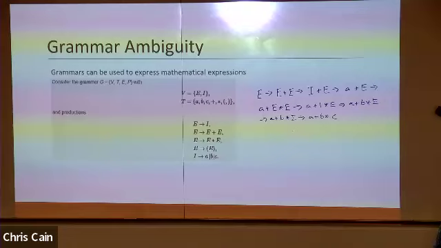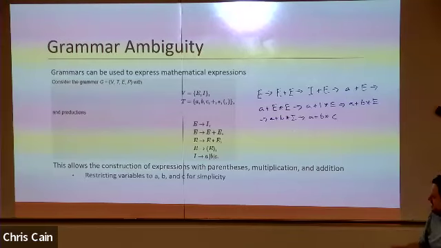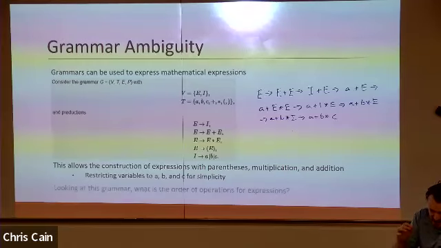So we can produce something that has multiple ways to evaluate it. While this allows the construction of expressions with these components, and we're restricting variables to A, B, and C for simplicity, order of operations for expressions doesn't really exist.